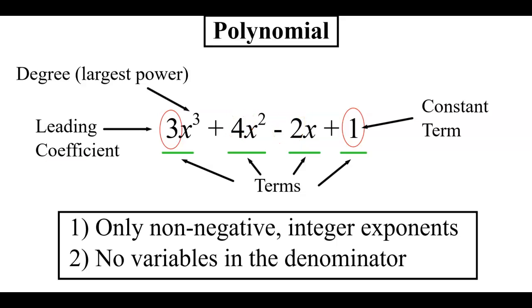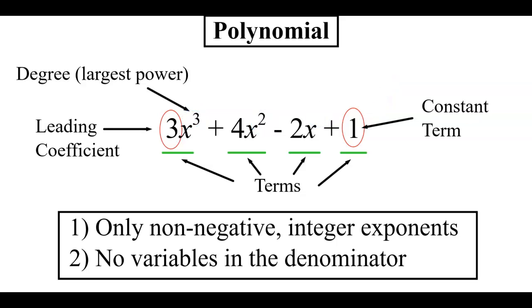3 is our leading coefficient because when the polynomial is in standard form, that's the coefficient that's in front. And remember, to be in standard form, it has to be ordered from the largest exponent down to the smallest exponent to the constant. Okay, and remember, a constant is just a number that doesn't have a variable attached to it.